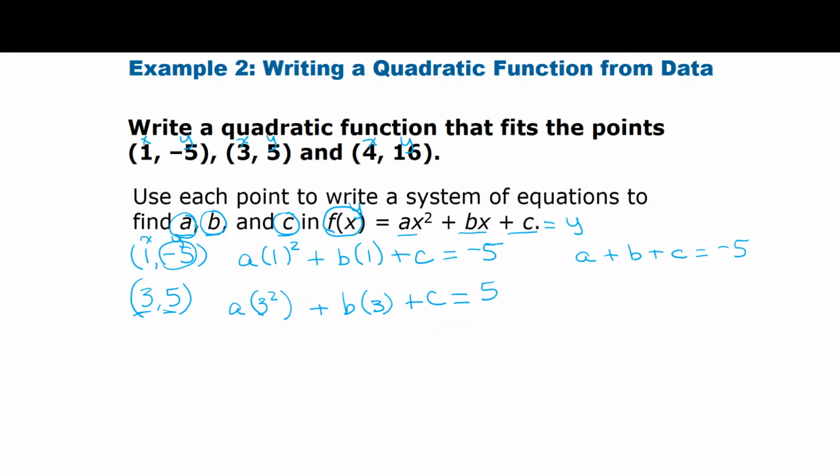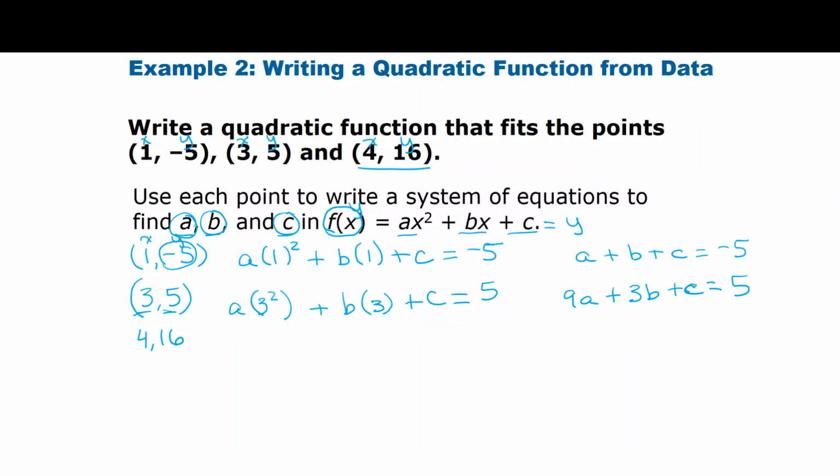So a times 3 squared is 9a plus 3b plus c equals positive 5.